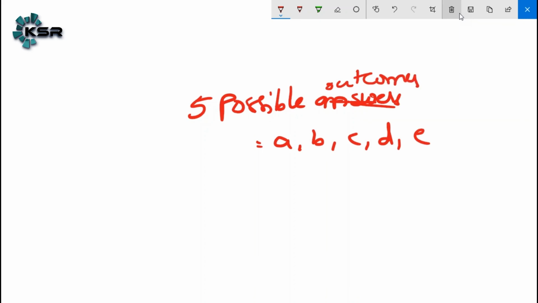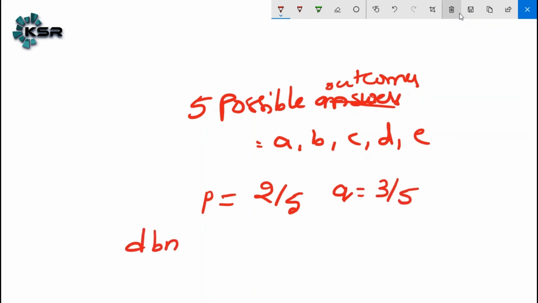Multiple choice questions, 12 questions, each question with 5 possible outcomes. As we saw so far, only 1 correct answer out of 5. But now he is asking for 2 answers to be correct. That means 2 by 5 is the probability of success P, and Q is equal to 3 by 5. When we mention the formula dbinom of 4, 2 by 5, which is nothing but 0.4, size is equal to 12.